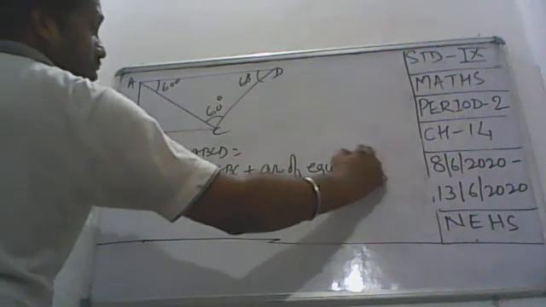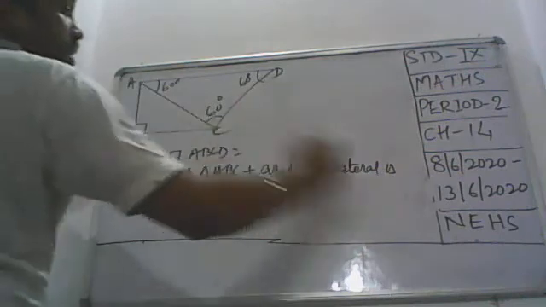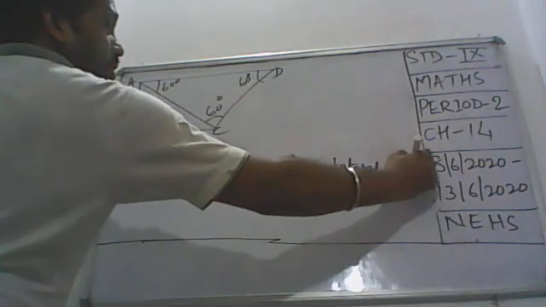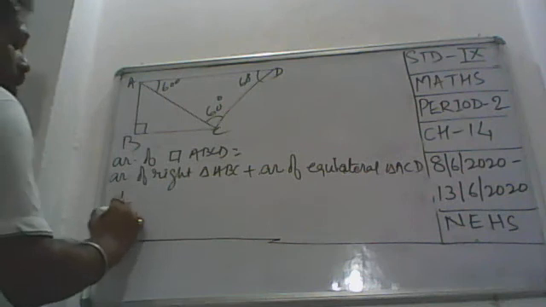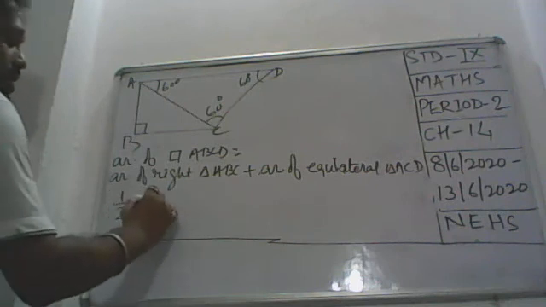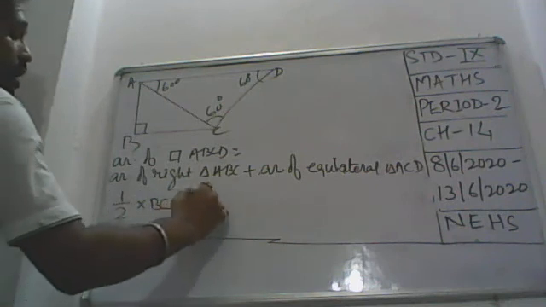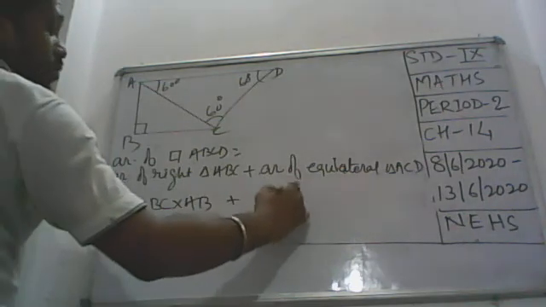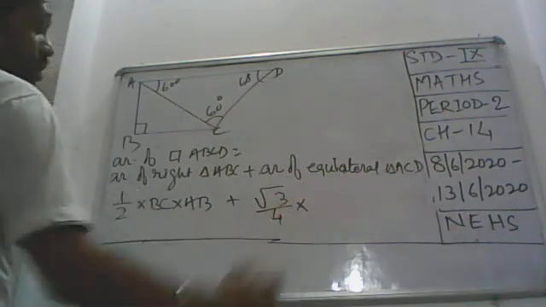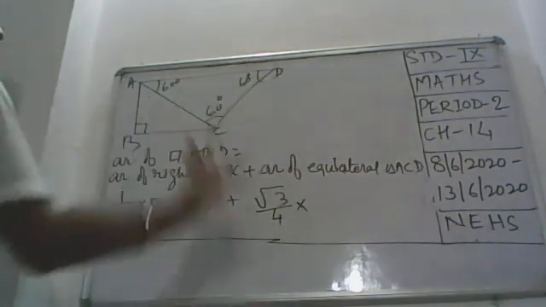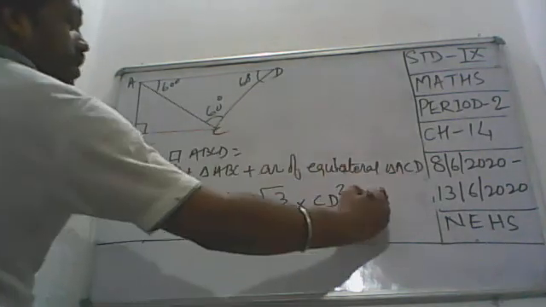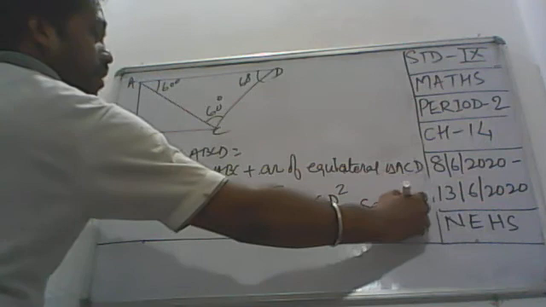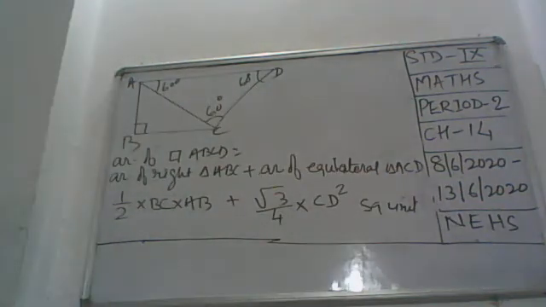Am I right? Yes, equilateral triangle ACD, that is A, C and D. So its formula will be 1 by 2 into base is BC into AB plus, and this one is root 3 by 4 into any one side, because all sides are equal only, any side you can take, square unit. So this type of steps can come here.